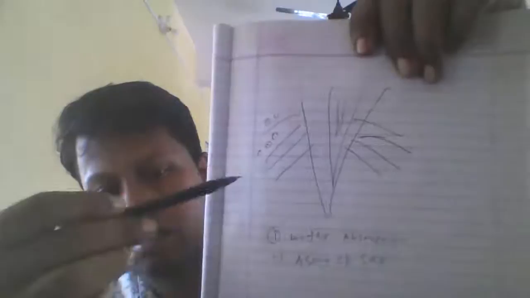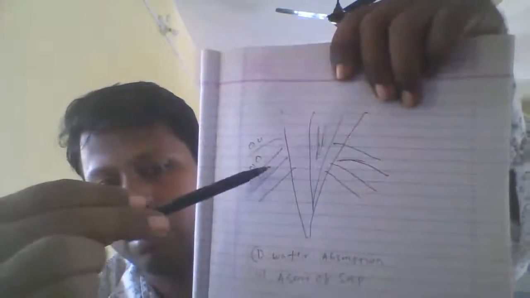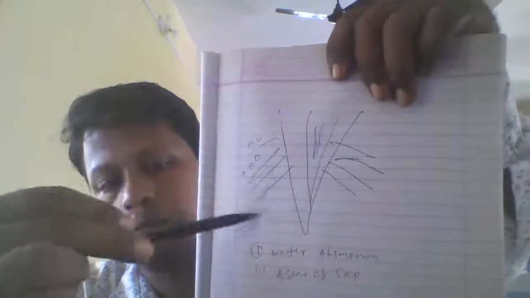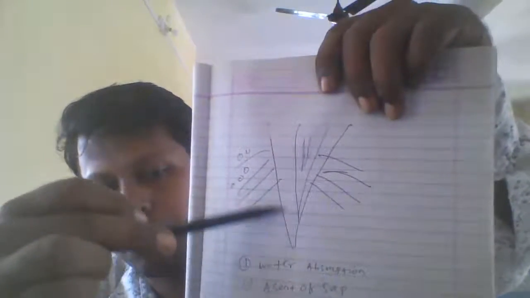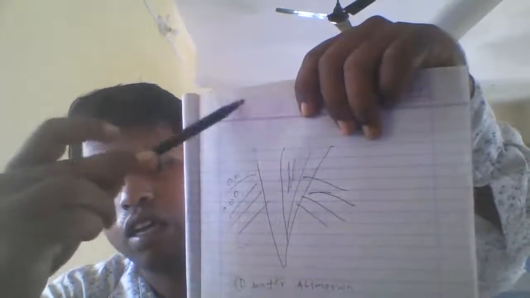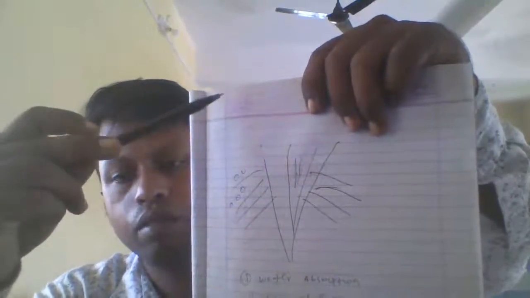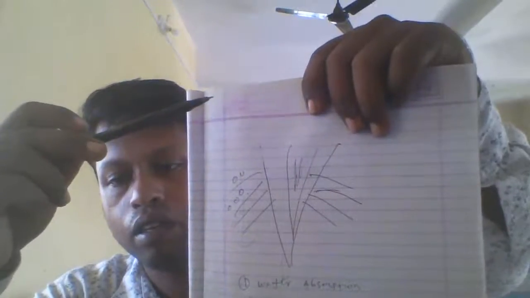So I am drawing the diagram here, and look at here. This is a root, and this root contains the root hair. This root hair absorbs the water from the soil, and it transports the water from the root to the shoot part, towards the leaf, the branch or stem, all the parts of the plant body.